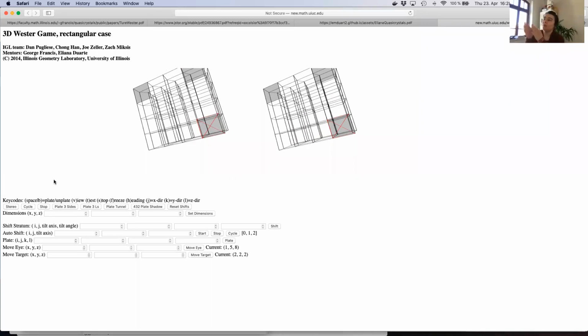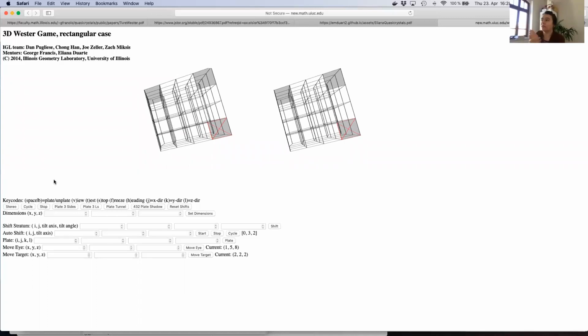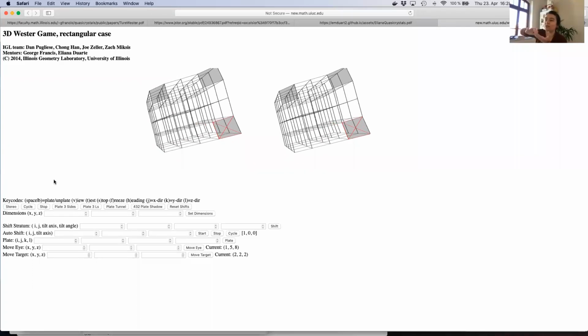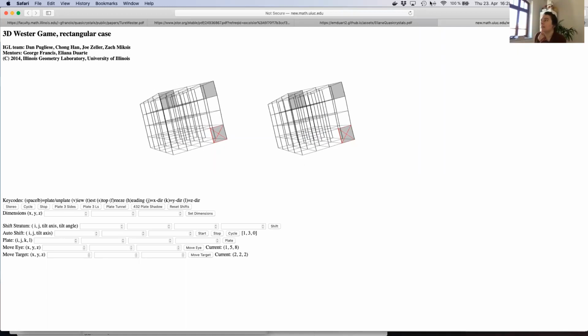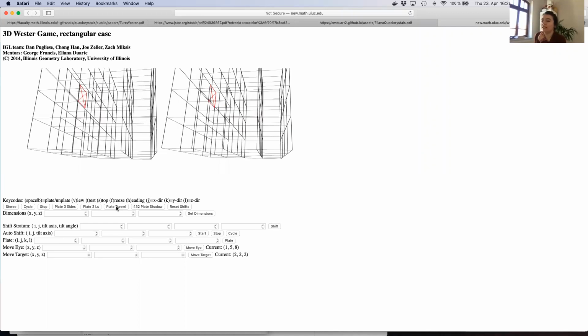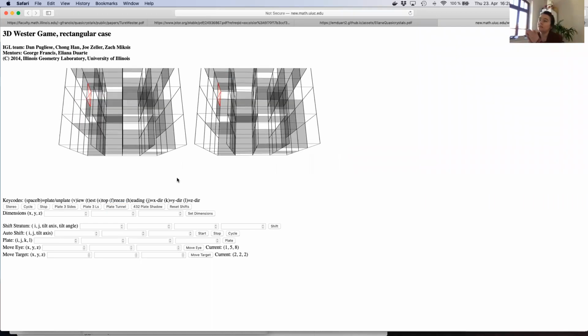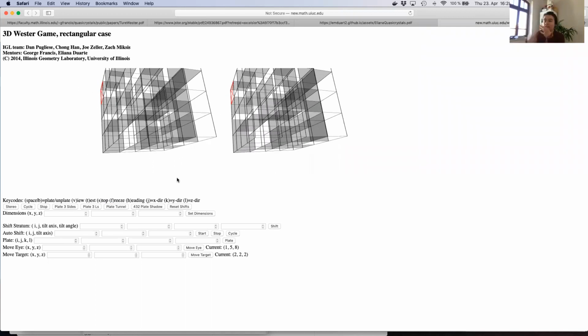And you see that, well, when you have some frozen faces, then the deformations of the framework are different, right? And what we have here is that in this one, we have plated one face in each of the tunnels.